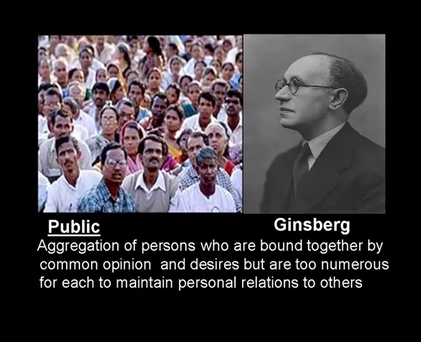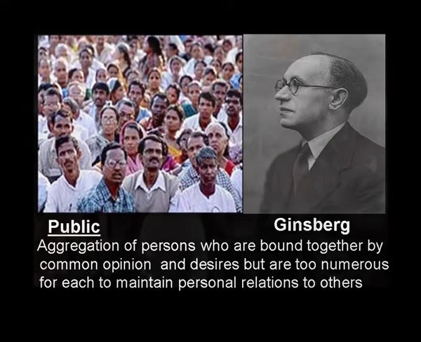The second one is the public. The public is another example of an unorganized group. According to Ginsberg, the term public refers to an aggregation of persons who are bound together by common opinion and desires, but are too numerous for each to maintain personal relationship with the other.